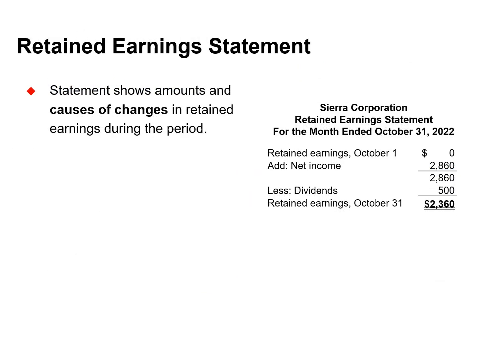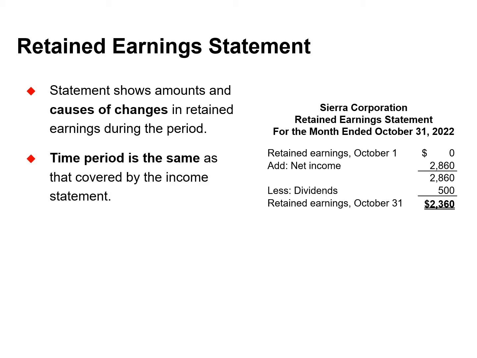As I just stated, the retained earnings statement reports the changes in retained earnings during a period. The time period is the same as that covered by the income statement. In this instance, it's for the month ended October 31st. It reports the amount paid out in dividends and the amount of net income or net loss for a specified period of time.